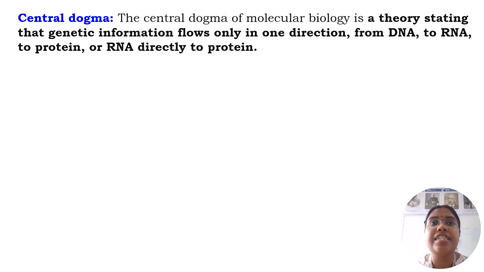Then the central dogma, that is a very important thing of our life. It is a part of molecular biology. It is a theory stating that genetic information flows not only in one direction. It flows from DNA to RNA, RNA to protein, and RNA directly to protein.